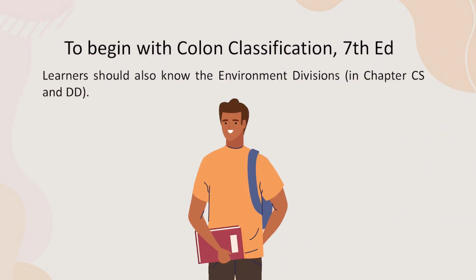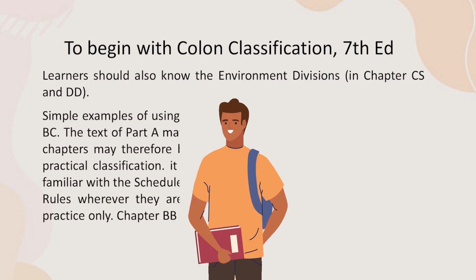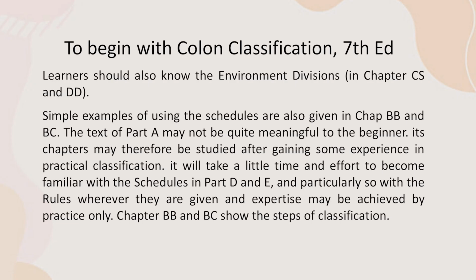Learners should also know the environment division in chapter CS and chapter DD. Simple examples of using the schedules are also given in chapters BB and BC. The text of part A may not be quite meaningful to the beginner. Its chapters may therefore be studied after gaining some experience in practical classification.